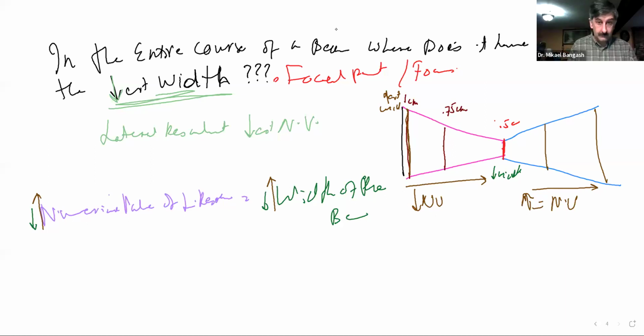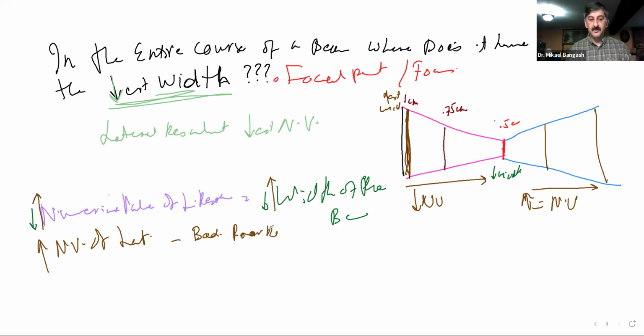Now where we have a great numerical value of the lateral resolution, like a point here, or we can say a great numerical value, most likely will lead to a bad or poor resolution.